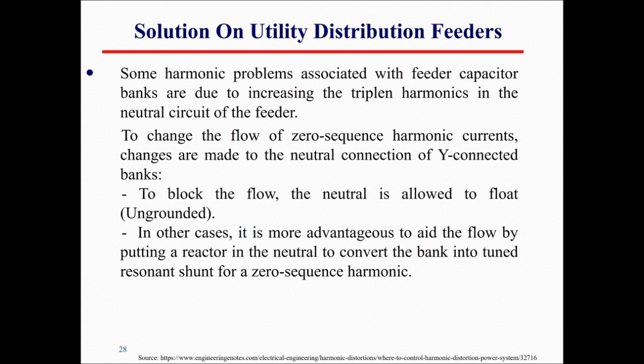Therefore, if we would like to block the flow of the zero sequence harmonic, then ungrounded the neutral, leave the neutral floated. In other cases, it is more advantageous to aid the flow by putting a reactor in the neutral to convert the bank into a tuned resonance shunt for zero sequence harmonics.